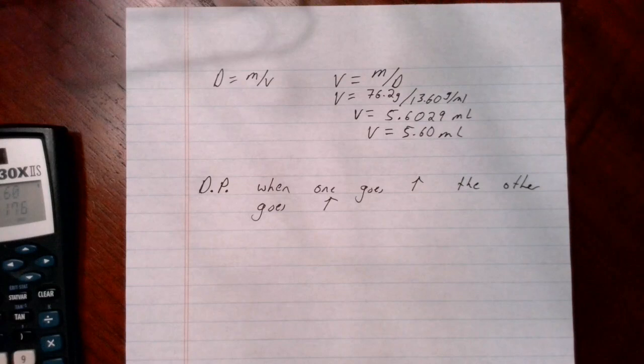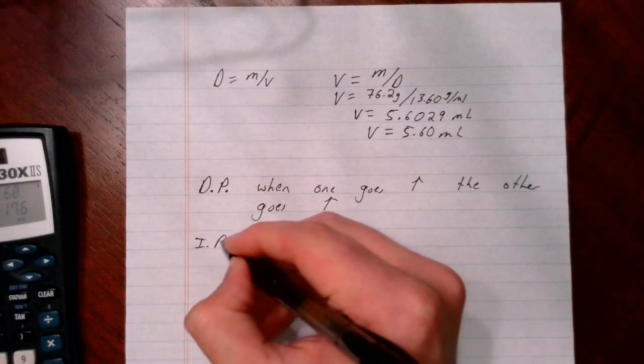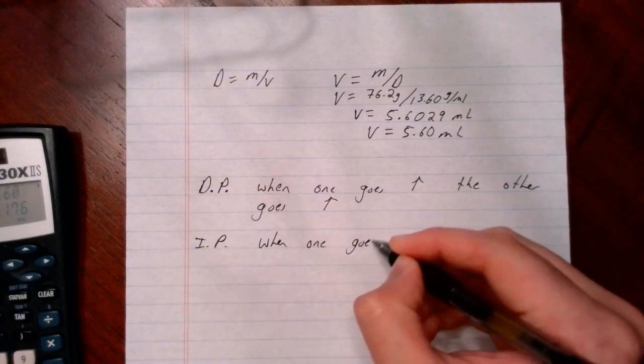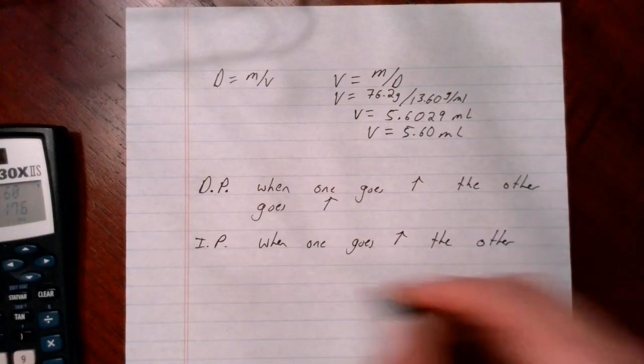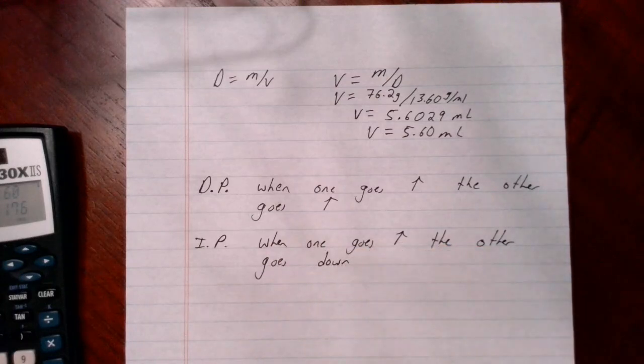When something is inversely proportional, when one goes up, the other goes down. So think about, in simple terms, something like the number of students in the classroom versus the amount of table space you have.